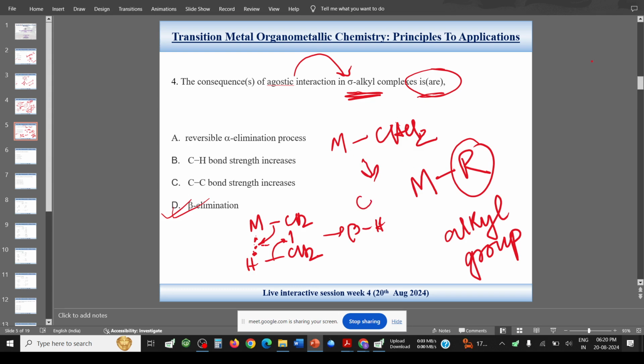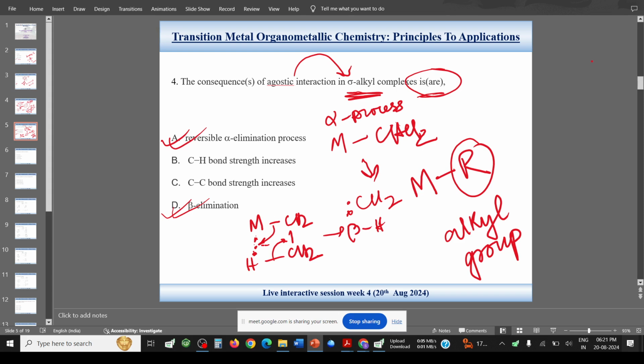That will lead to the Cl2 carbene. This elimination of hydride is called the alpha elimination process. This also happens due to the interaction of hydrogen with the metal center. This is called the reversible alpha elimination process. So this will be another correct answer for this.